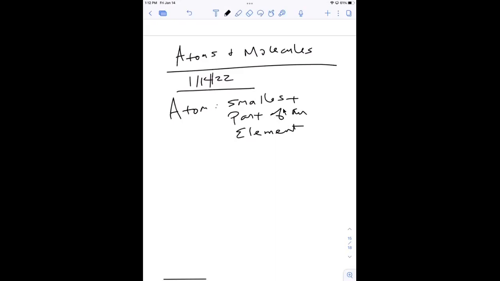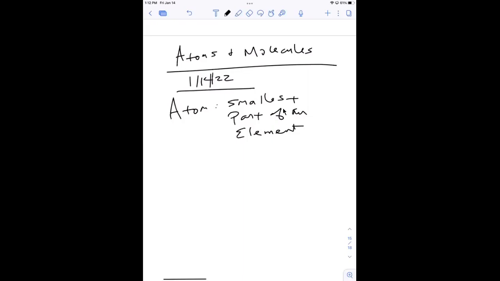We talked about that already, but elements are composed of atoms, right? They have atomic particles that make them up. But if you take an atom of an element, it's still that element. It doesn't become something else. If you have one atom or 100 atoms, you're not breaking that down into something else like you would if it was a compound.